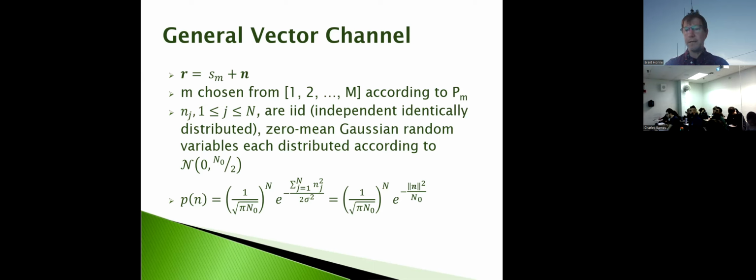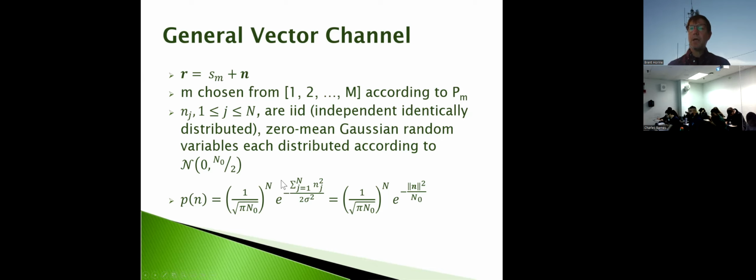These are noise samples, so they're all independent of each other, and they are identically distributed, meaning that they have the same variance. They're all zero mean, and they do have the same variance here, described as N_0 divided by 2.